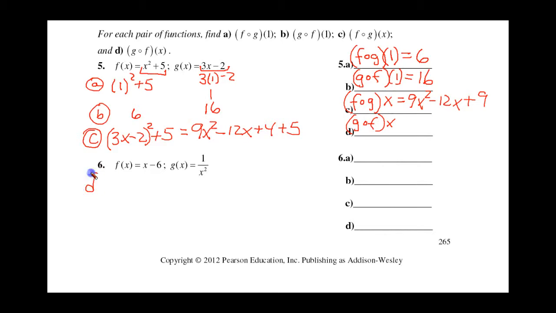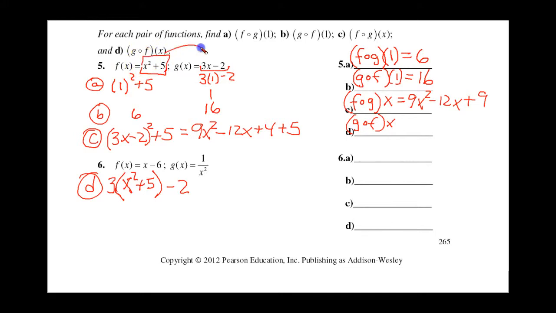So for d, we put our x there, so it's going to be 3 times 3x minus 2, the quantity squared. Well, it could be confusing, so let's do that correct. Again, this is our x.